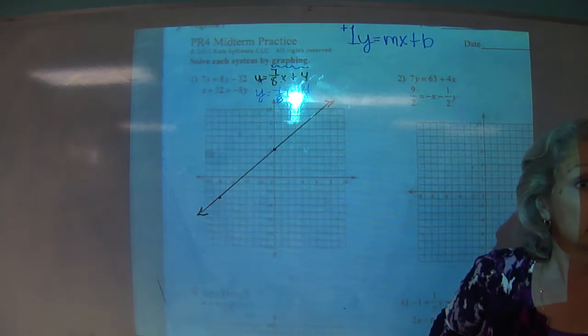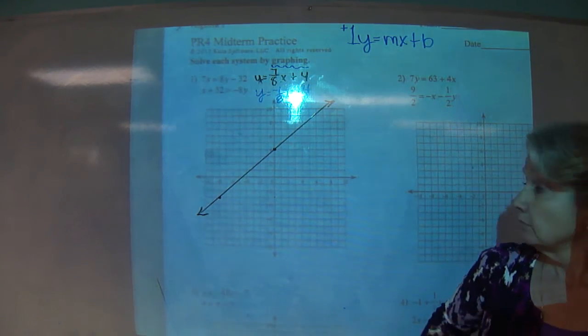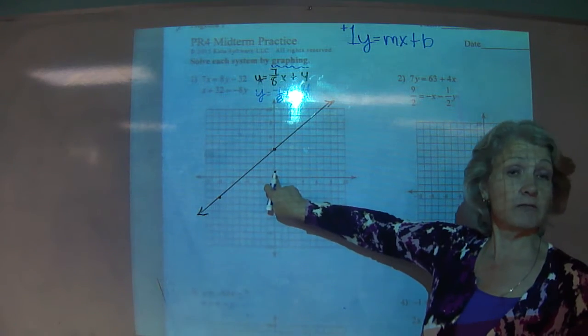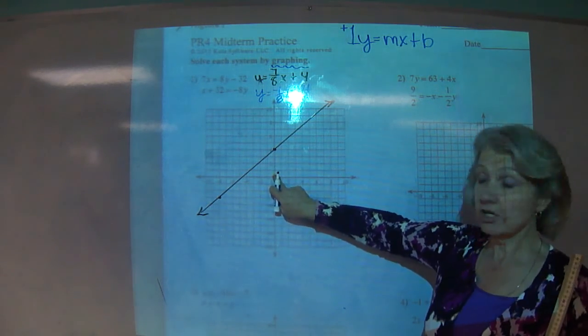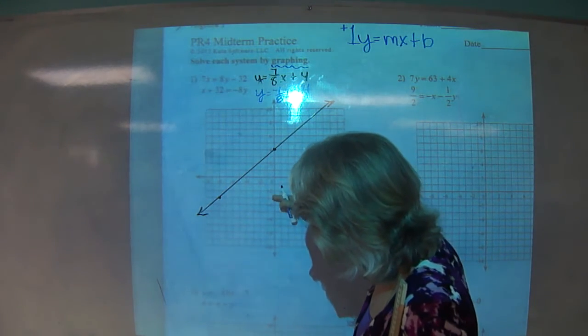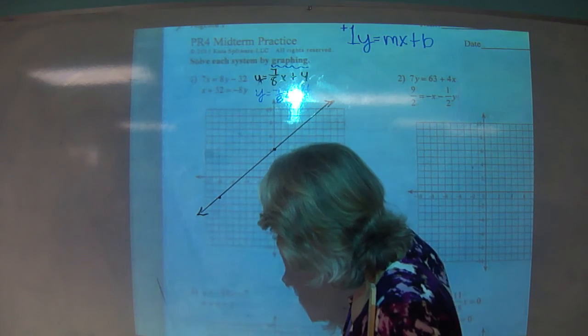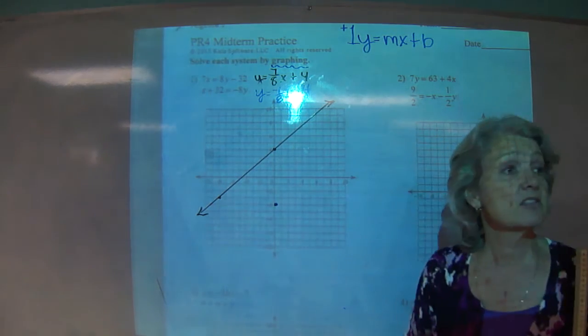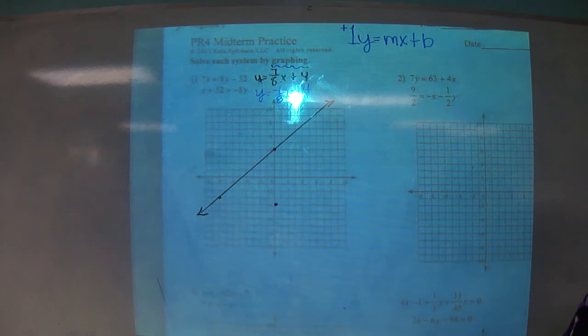Where do we start? We start counting from the origin. -4. Go down 4. 1, 2, 3, 4. That's where it crosses the y-axis. Our slope is -1/8 or -8/1.